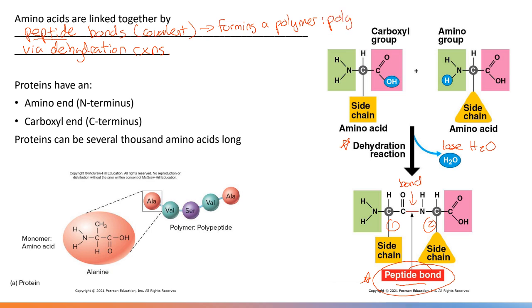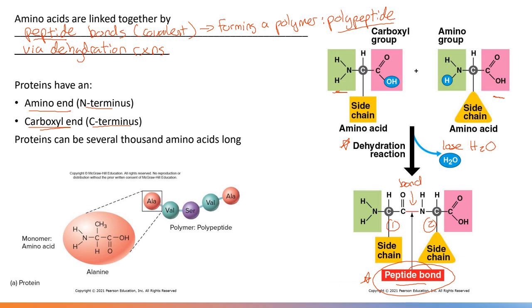A polypeptide is a chain of amino acids. This polypeptide is going to have an amino end, which is the N terminus, ending with a nitrogen. The other end is going to end up with a carboxyl end. We call that the C terminus.